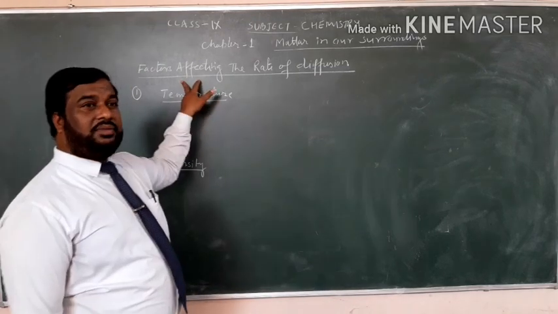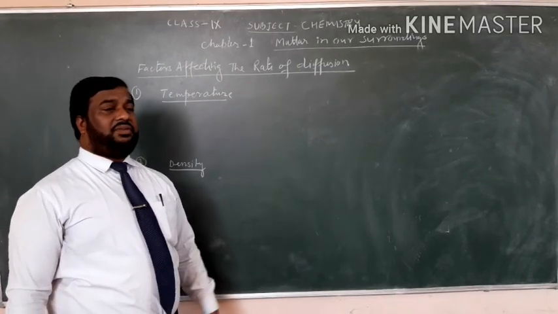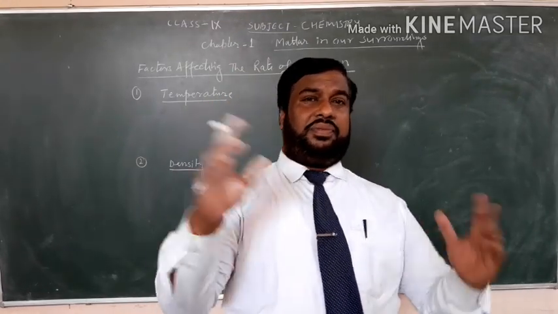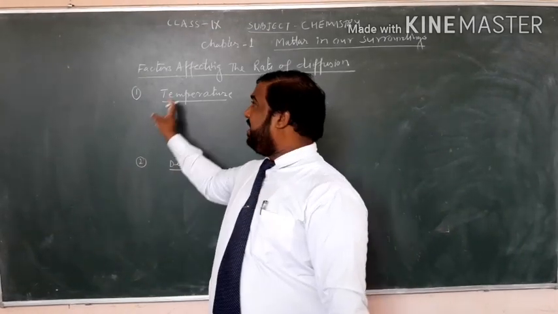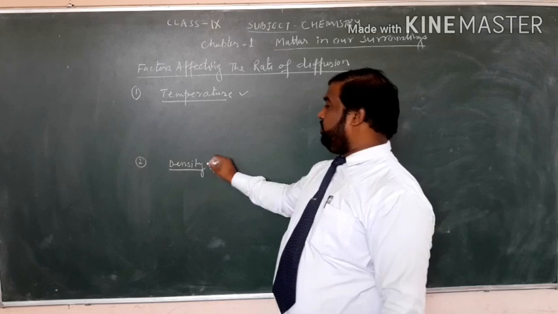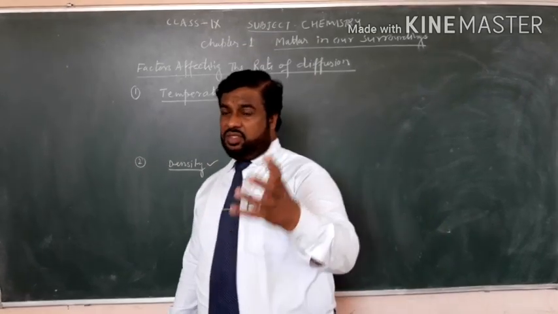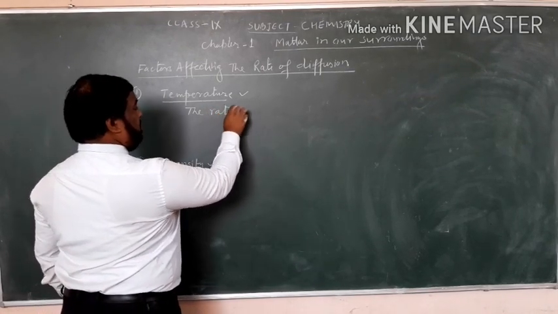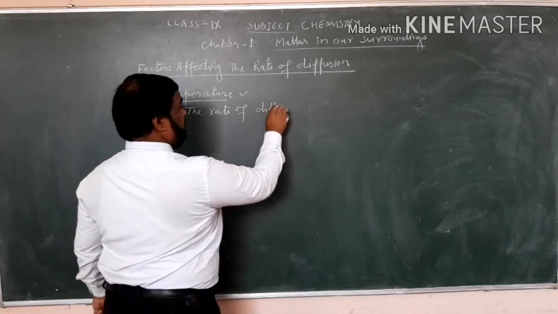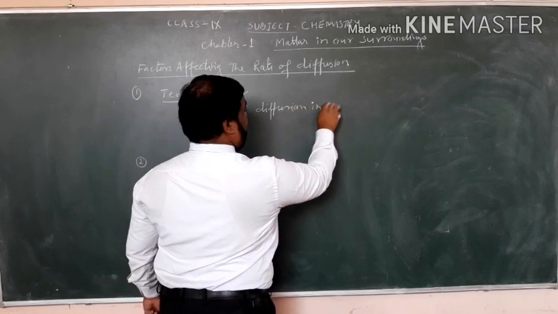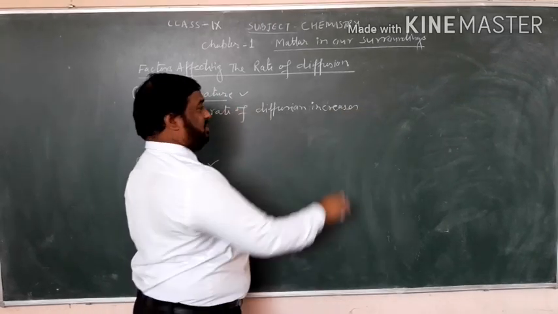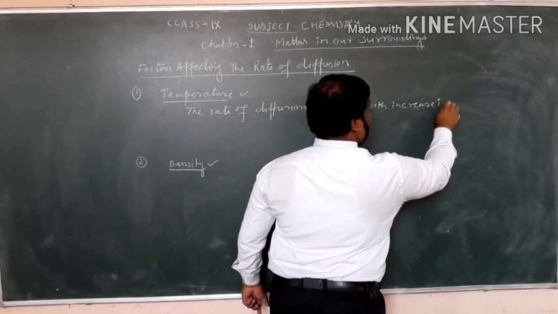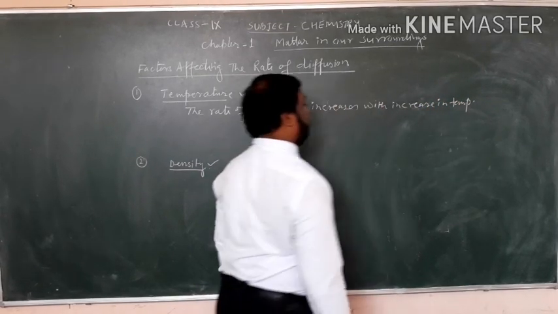Now, factors affecting the rate of diffusion, meaning what kind of factors affect the rate of diffusion. We have selected two. One is temperature and another is density. First one, temperature. The rate of diffusion increases with increasing temperature.